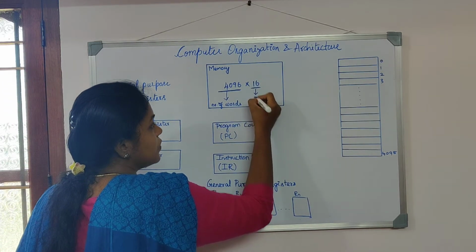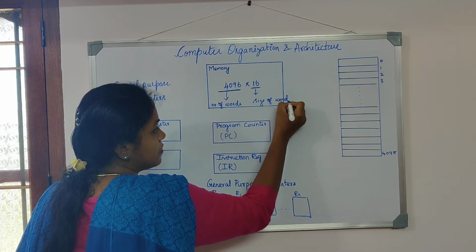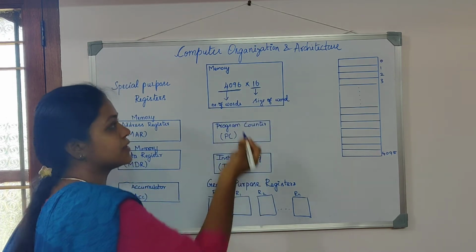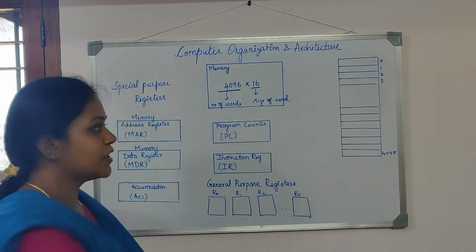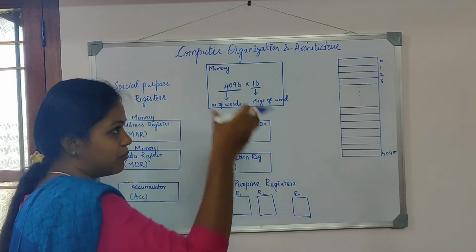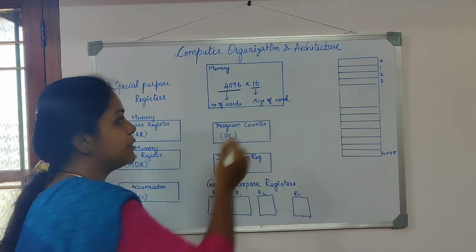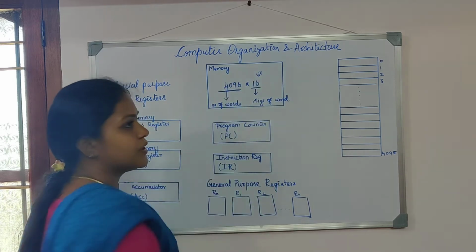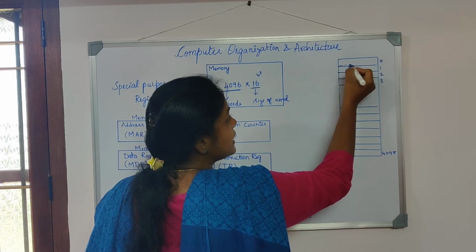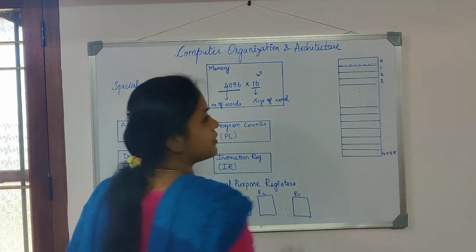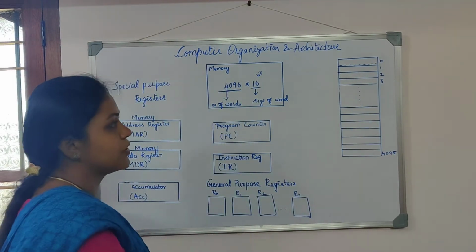So this is equal to the size of word. In our example, main memory is 4096 into 16. 4096 is the number of blocks available inside the main memory, and the size of each block is 16 bits.